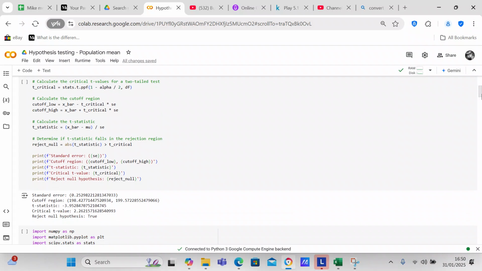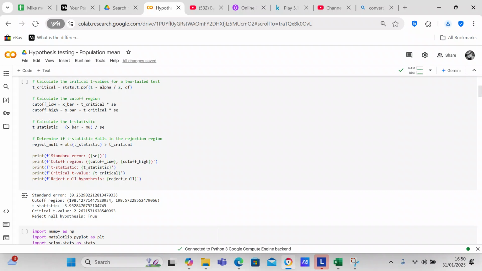Then we're going to calculate the cutoff region. So this is a two-tailed test. So cutoff low equals X bar minus t-critical times SE, and cutoff high equals X bar plus t-critical times SE. And then you've got your cutoff region, which is going to be 198.43 and 199.57.